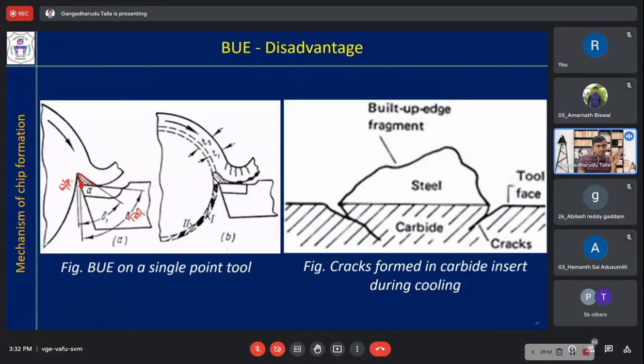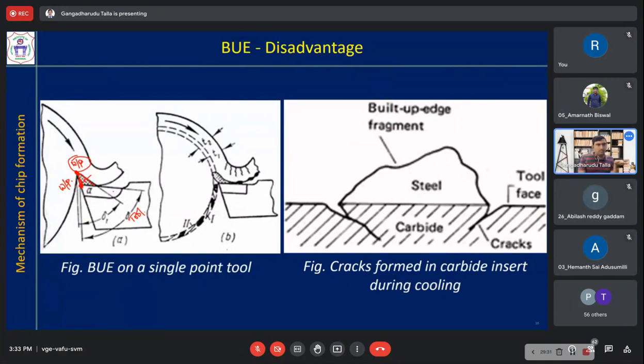For an effective machining process, the tool tip should interact with the workpiece and remove the material from the workpiece. But instead of the tool tip, now this built-up edge is in contact with the workpiece material. What is the material of the built-up edge? Workpiece material only. So you are trying to cut the workpiece material with the same kind of workpiece material.